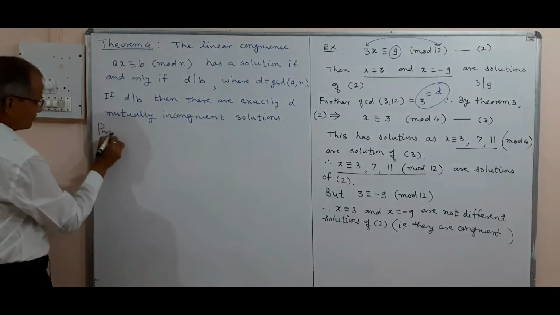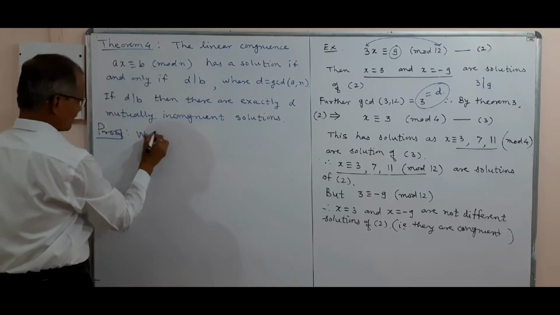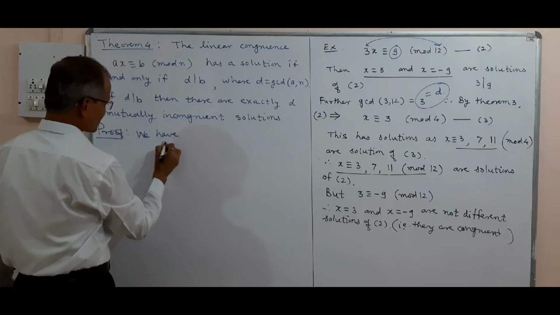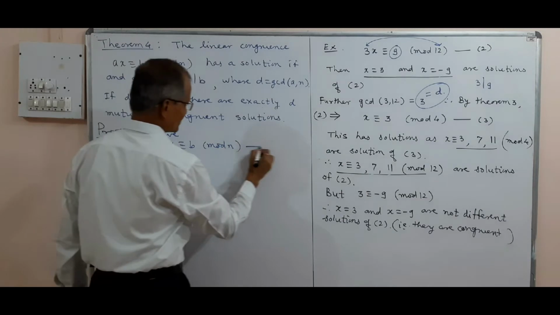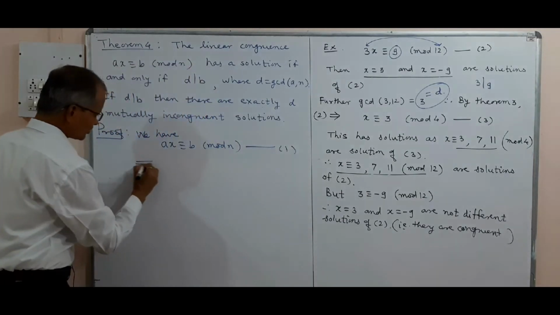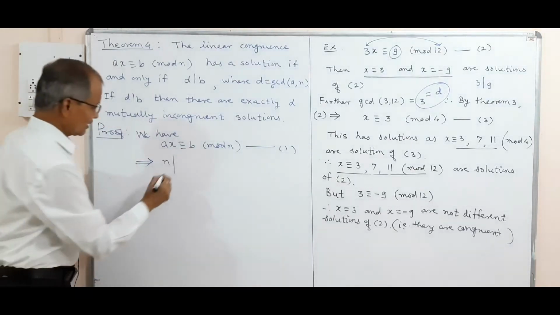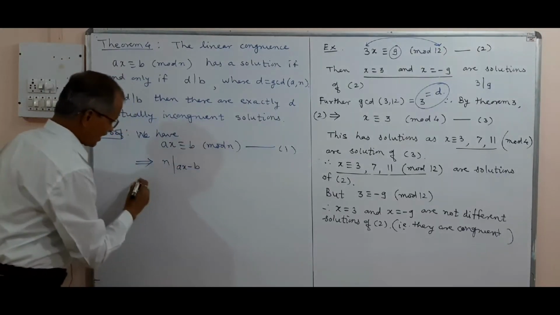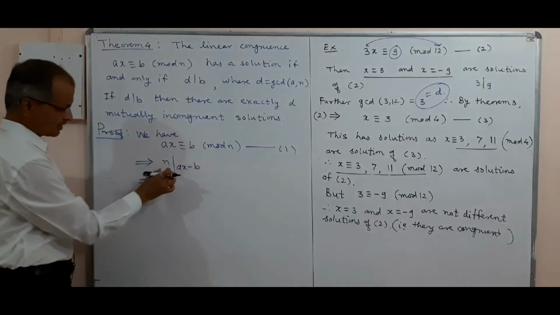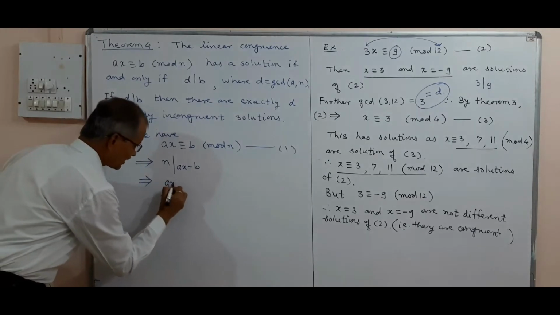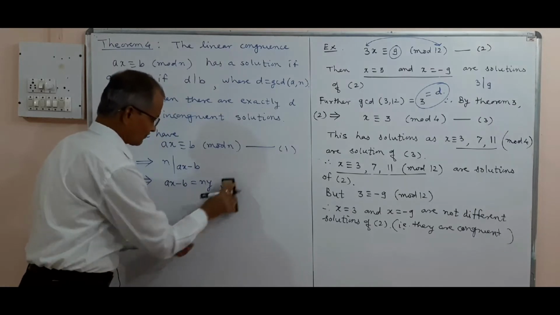Now the proof of the theorem. The given congruence is Ax congruent to B modulo n. Suppose this is 1. Now by definition of congruence, this implies n divides the difference Ax minus B. And by the definition of divisibility, Ax minus B is a multiple of n, that is, Ax minus B is equal to n times y, for some integer y.